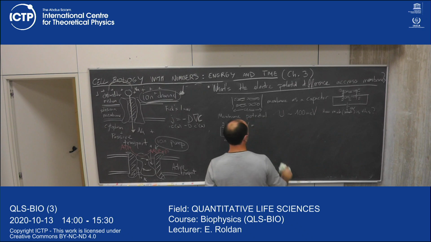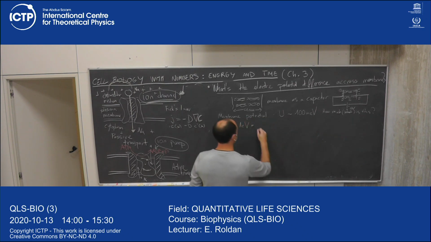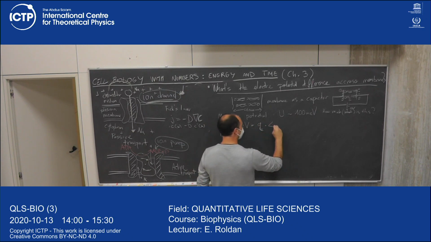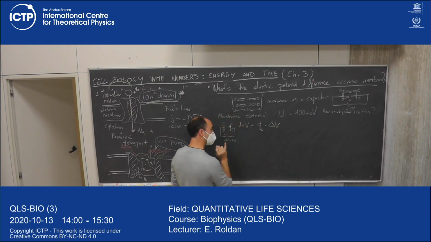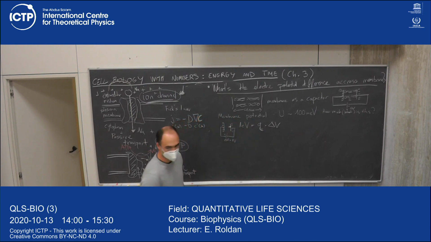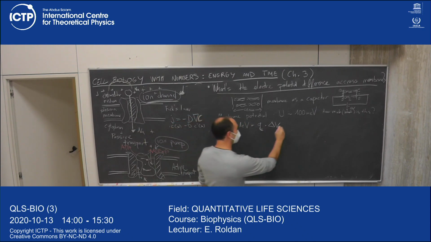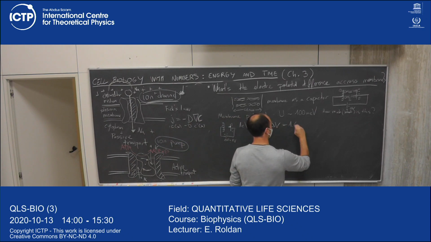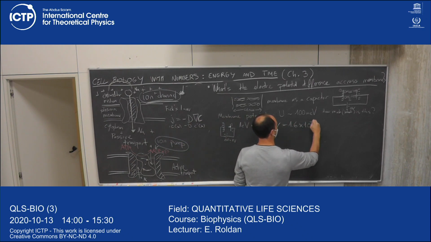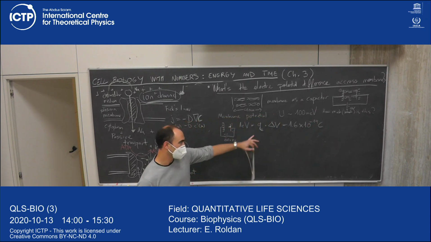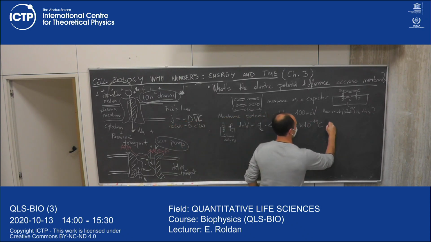So 1 electron volt is the charge of an electron times delta V, which in this case is 1 volt. This is the energy change of an electron when it is subject to this voltage. The charge of an electron is 1.6 times 10 to the minus 19 coulomb, and the corresponding delta V is 1 volt.